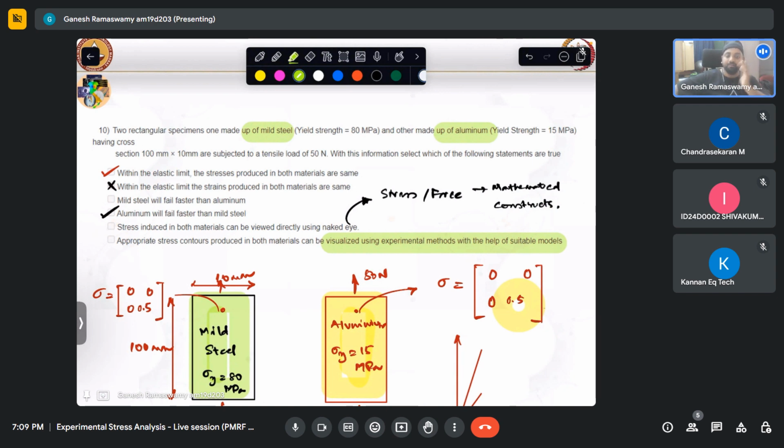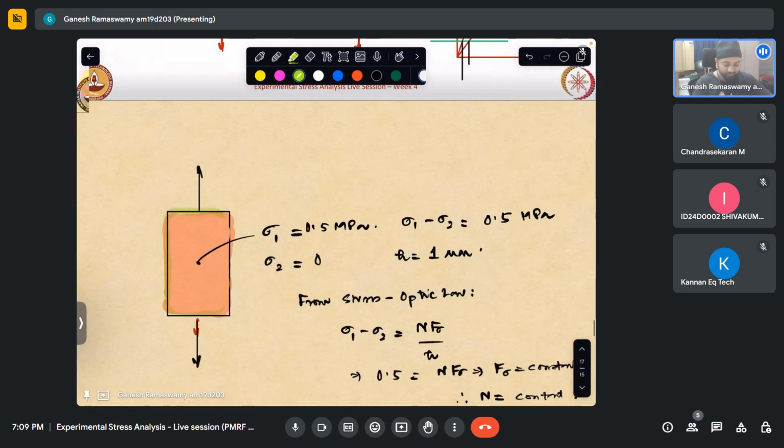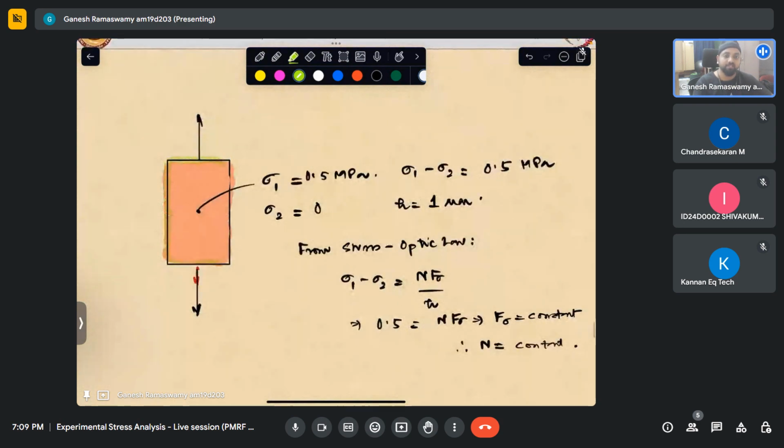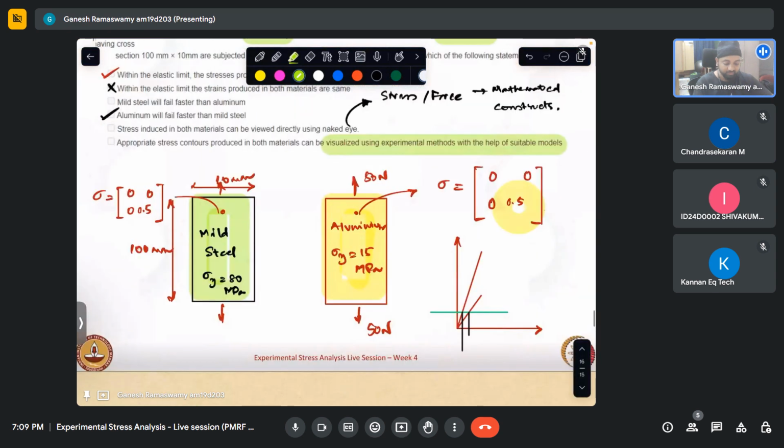For a plane stress problem, if I were to take an aluminum rectangle, or an epoxy or a polycarbonate rectangle, in both the models, the stresses induced will be the same. It is not dependent on the material. So even if I were to study epoxy under the same loading conditions, I will get a similar stress to that induced in the aluminum case. But strains naturally will not be the same. I hope that is clear.